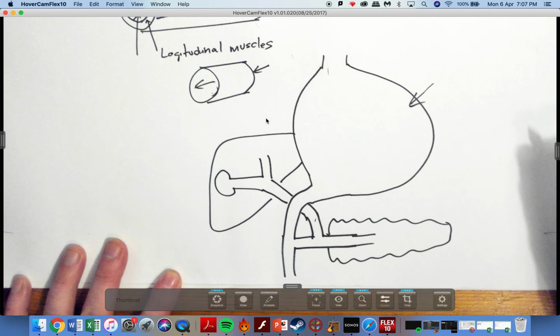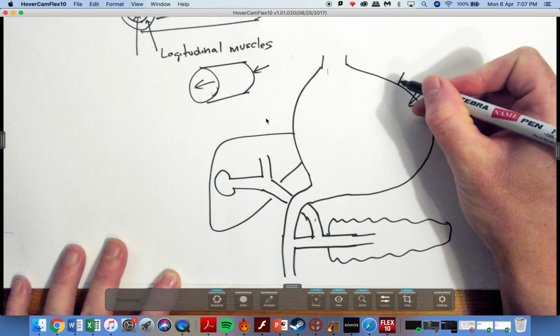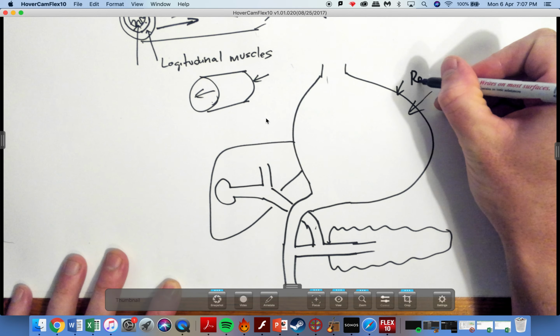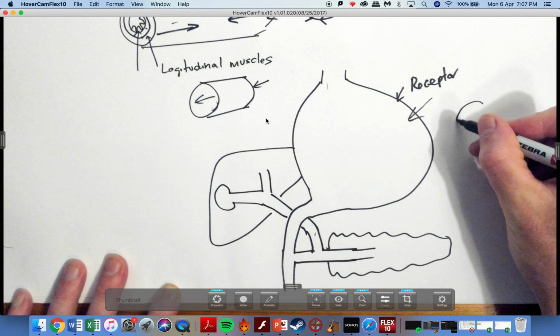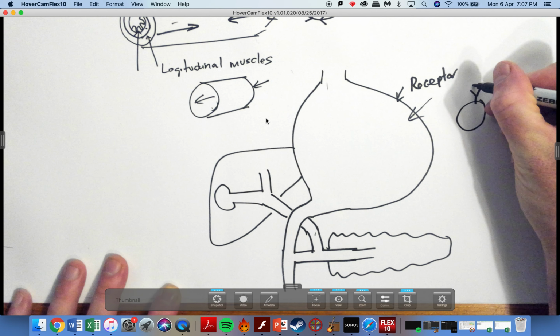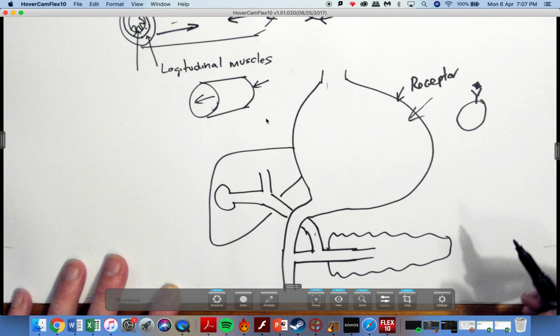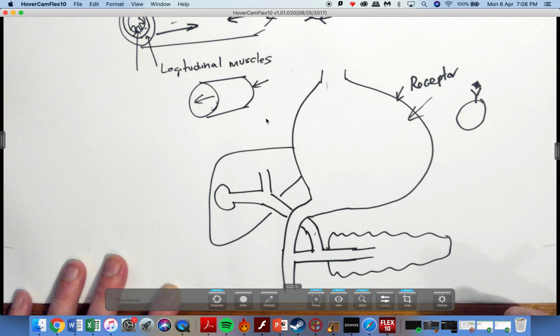So as the food comes down, it will be detected. In this wall here, there are lots of receptors. They are sticking out. So if this is our cell, they are sticking out at the top, and we can have food molecules that are going to go and bind to that receptor, and that's going to stimulate the stomach.